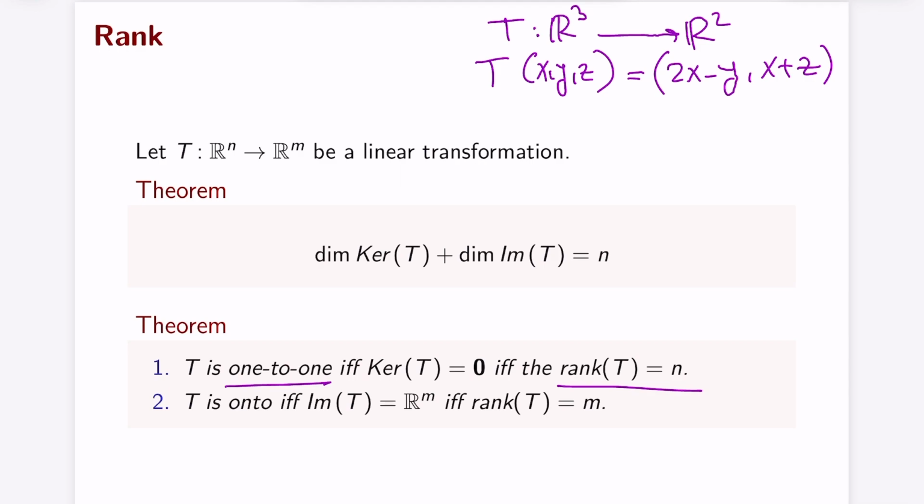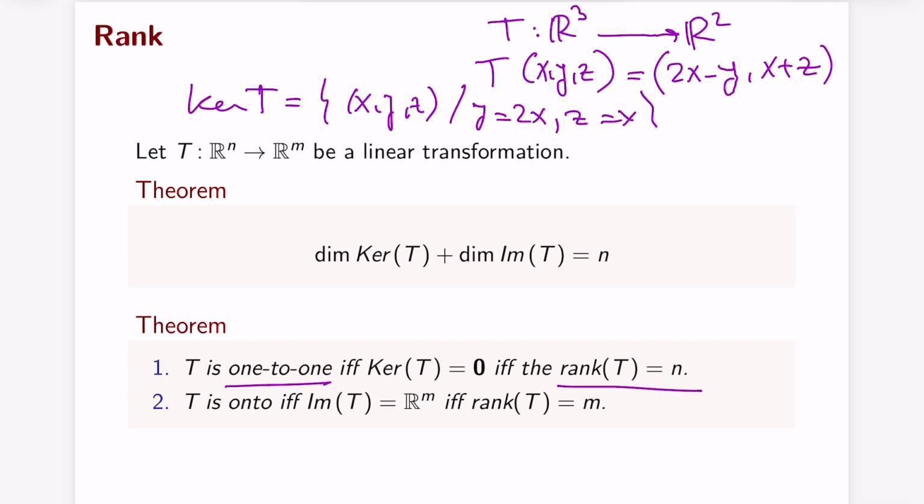So in our particular transformation, from R3 to R2, that had this particular formula, we had calculated the kernel before. The kernel of this transformation was equal to the (x, y, z) such that y was 2x and z was x. In particular, we can see that in this kernel there are things other than 0.